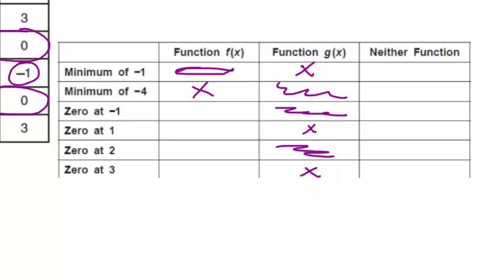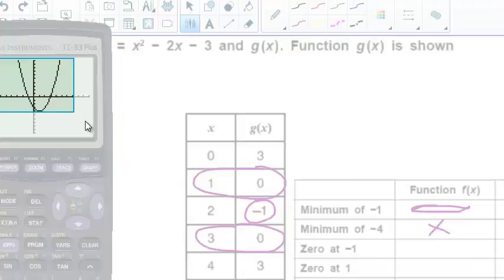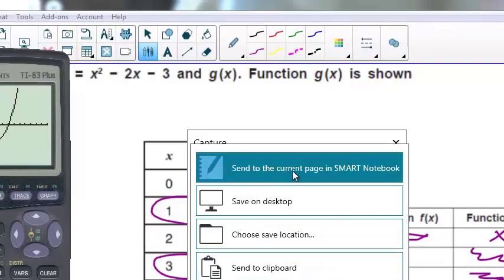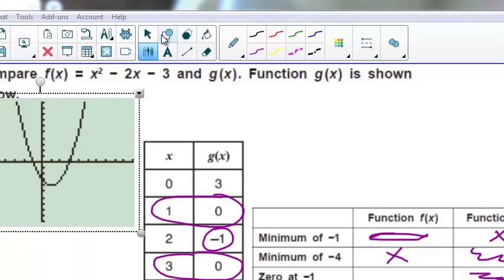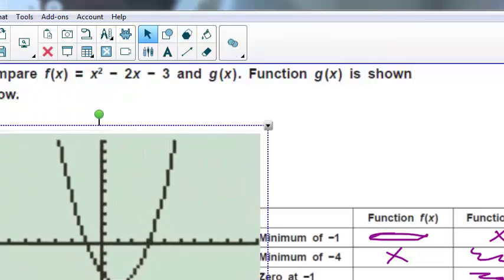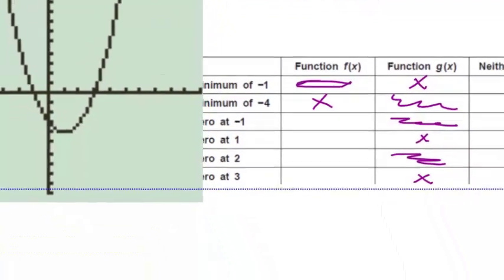My zeros. Who can tell me where my zeros are based on a graph? Anybody? Where my zeros are based on the graph? Chandler? It's not the middle. Not the x and y, only the x-intercept.